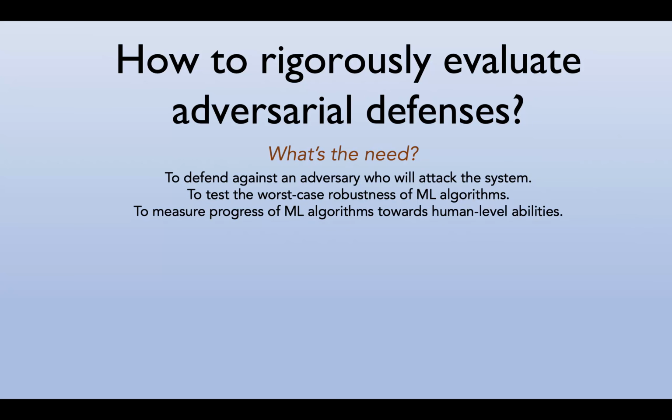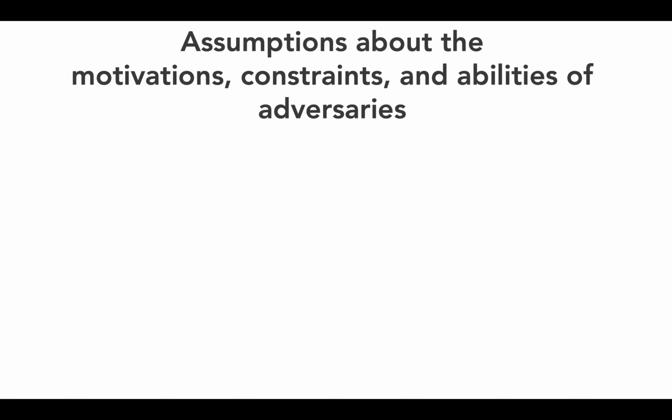One may ask, why is it important to rigorously evaluate adversarial defenses? The answer is that once we are making use of ML models, we must be aware of their robustness. We can see how robust our model will be against an adversary who can potentially attack the system. We can test the worst-case robustness, and we can also see how much we are progressing in terms of ML performance towards human-level capabilities.